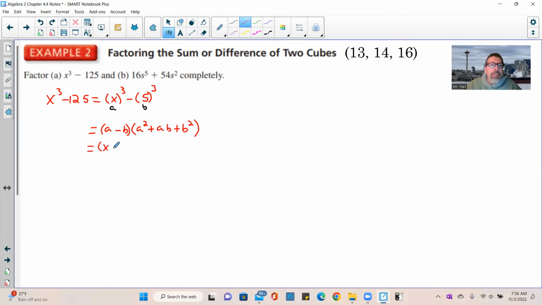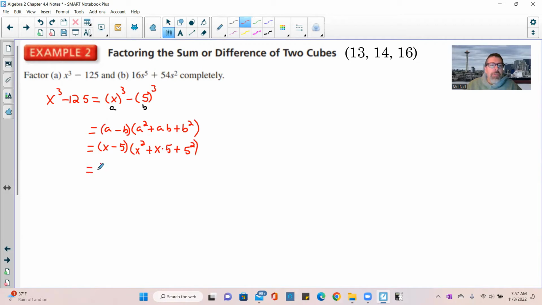So a is x minus b, which is 5. So there's my first factor. A is x, so that's x squared, plus ab, well, that's x times 5. So I'm just going to show it first, x times 5, plus b, which is 5, squared.